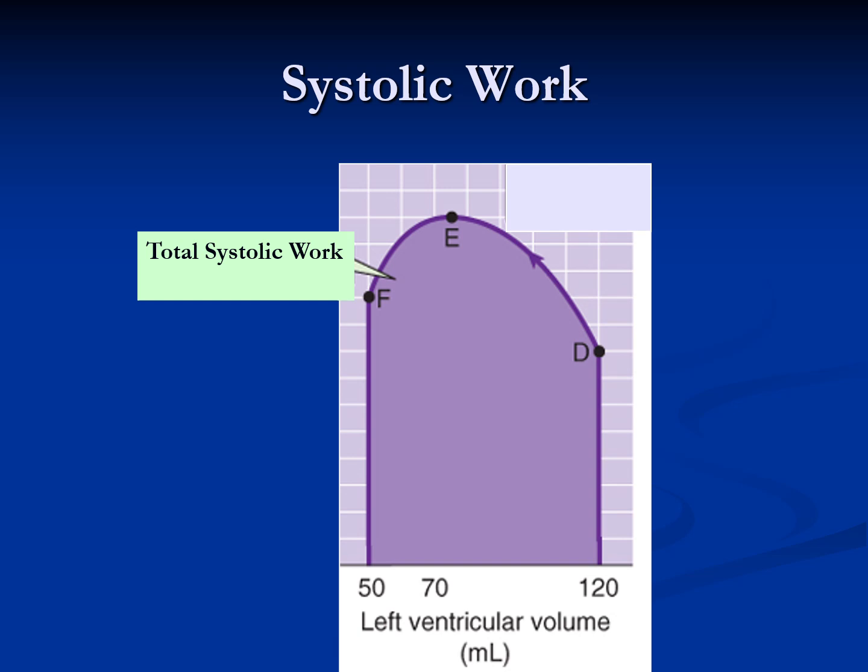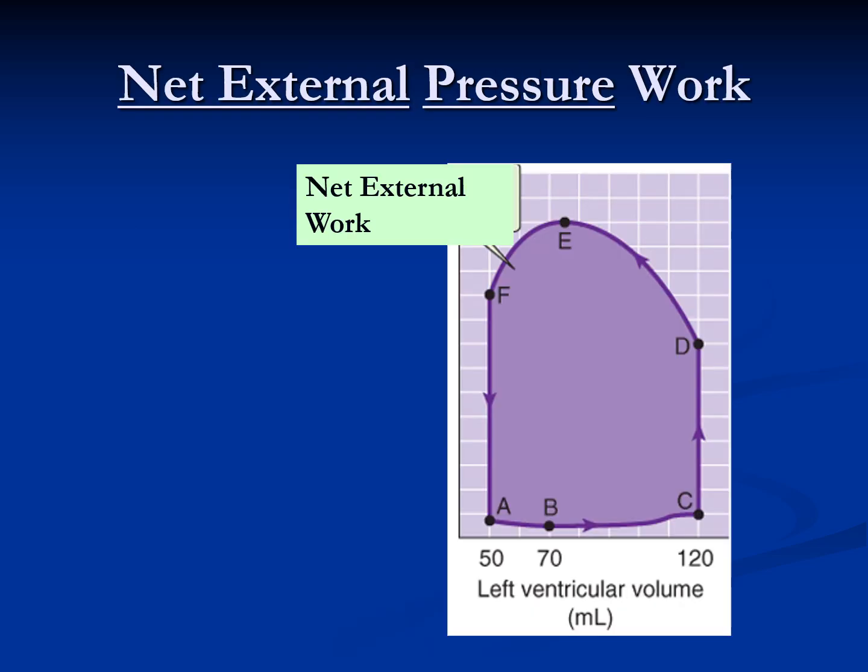So everything you see shaded in purple is the total systolic work consumed by this ventricle. Now, if I subtract this area from the area of the slide before it, you will get this. So therefore, the net external pressure work consumed by the ventricle is simply the area of the pressure volume loop.